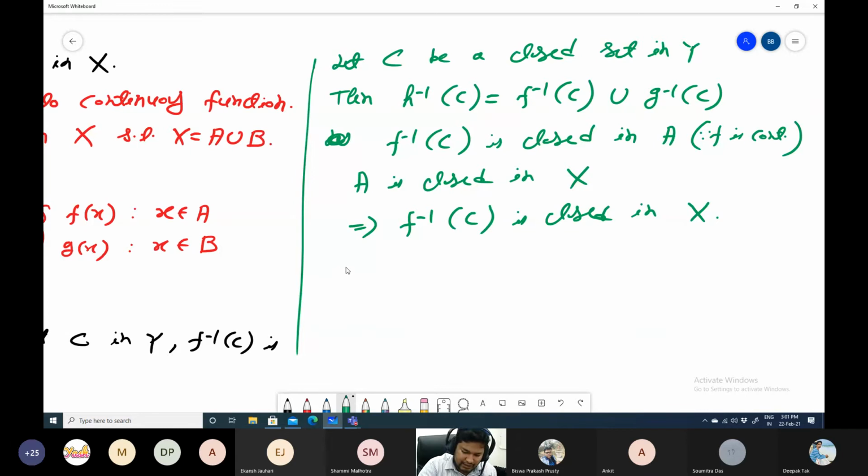So this is one part. Again, G inverse C is closed in B. Why? Because G is continuous.